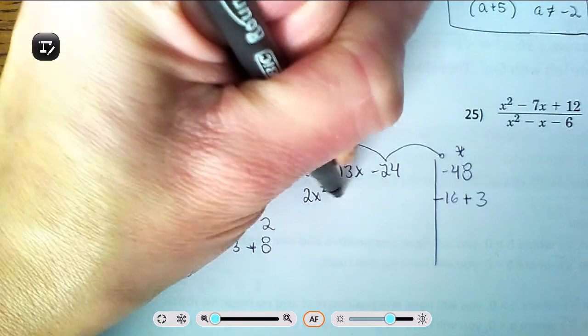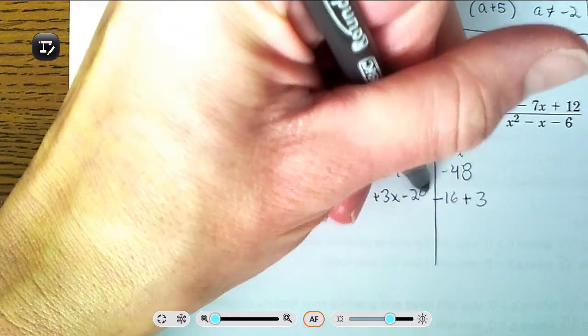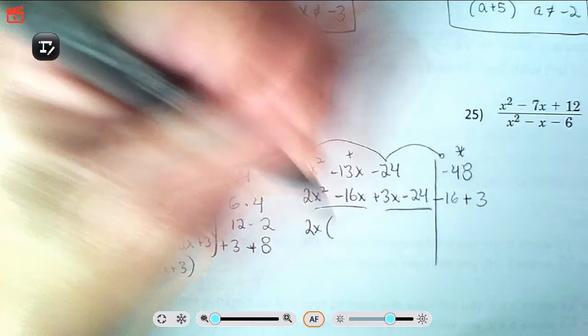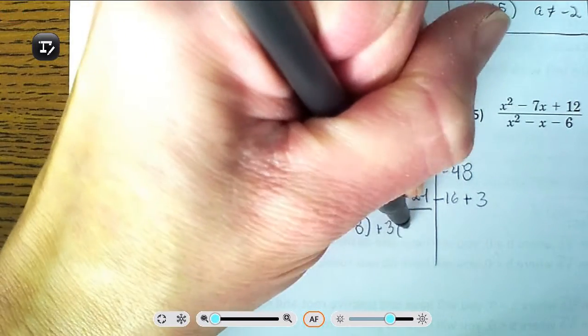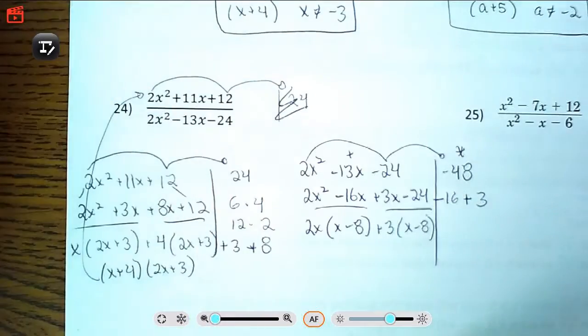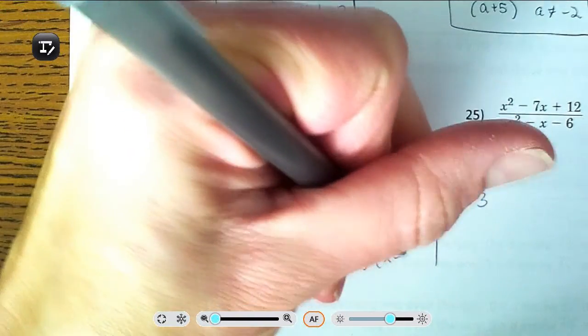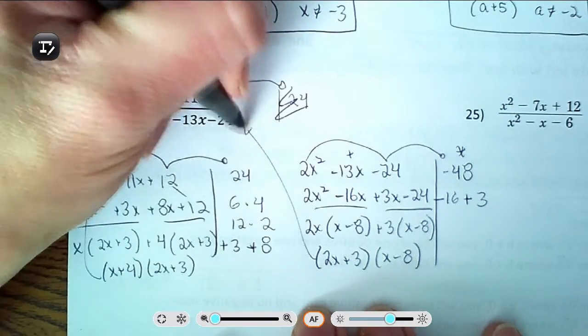So 2x squared minus 16x plus 3x minus 24. 2x comes out, x minus 8, plus 3 comes out, x minus 8. So we get 2x plus 3 and x minus 8. Okay, and that's the denominator.